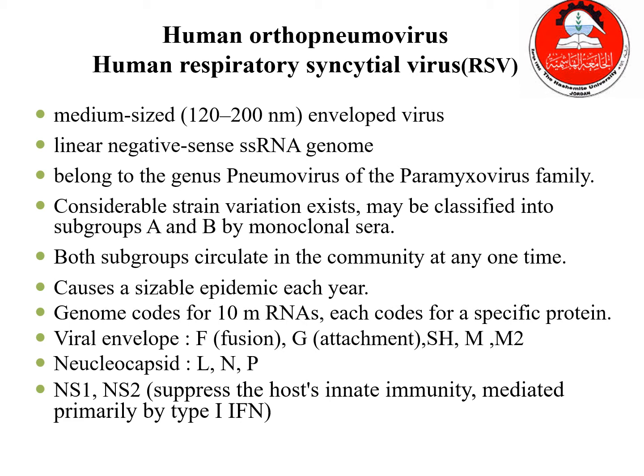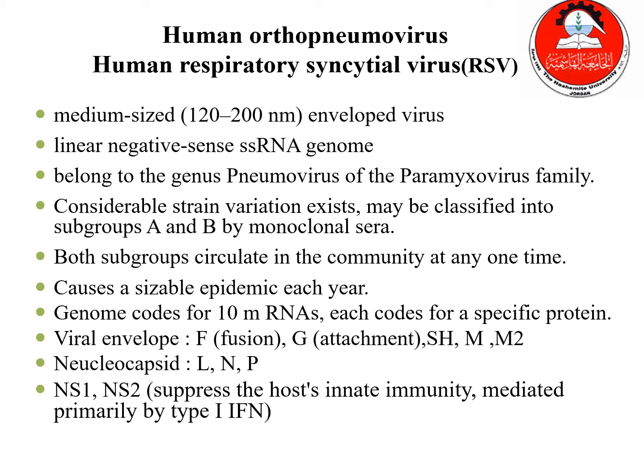As its name implies, respiratory syncytial virus has the ability to form syncytia or multinucleated giant cells. It has a size of 120 to 200 nanometers in diameter. It's an enveloped virus with a linear negative single-stranded RNA genome, and it belongs to the genus Pneumovirus of the Paramyxoviridae family.